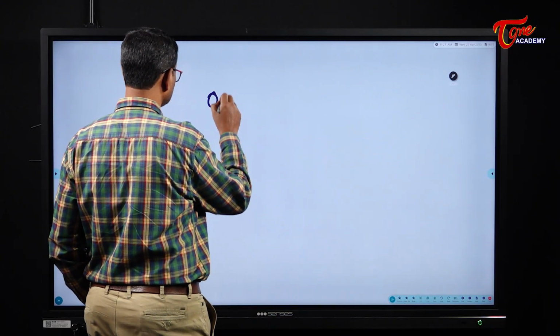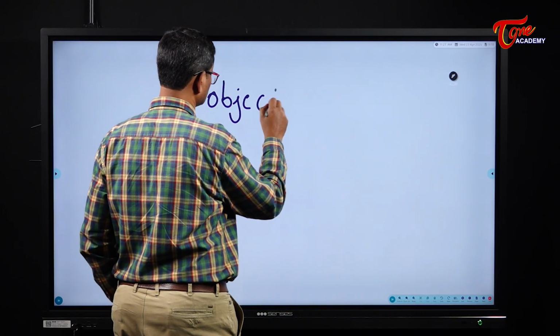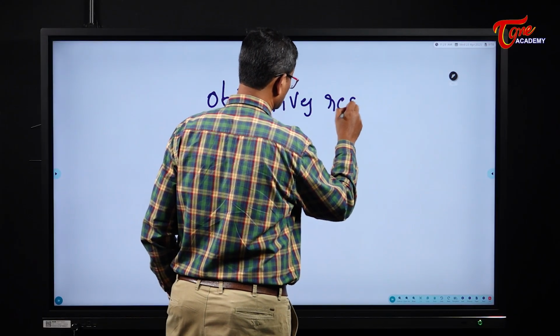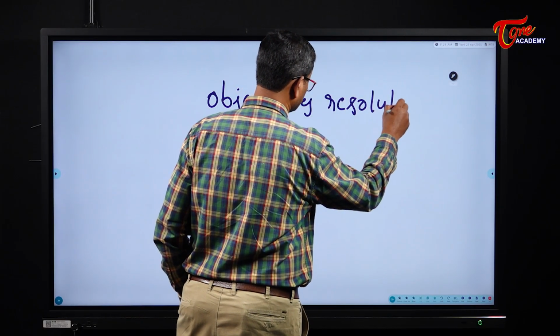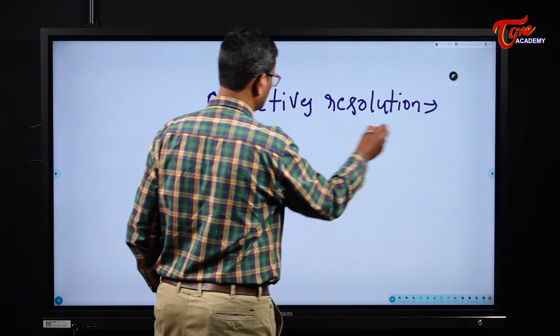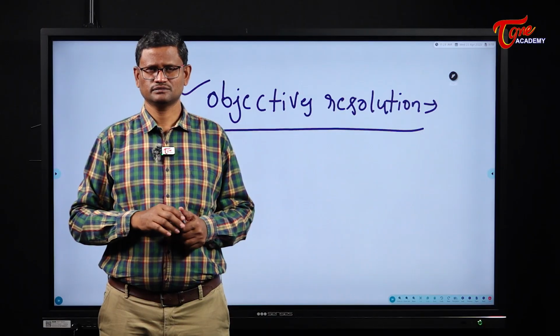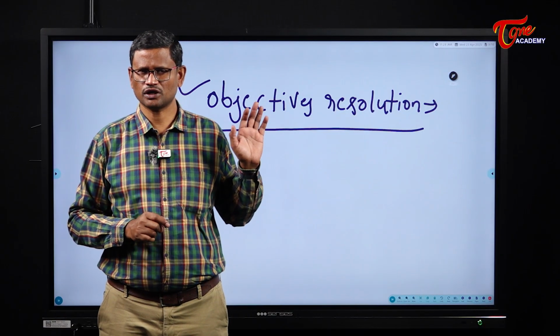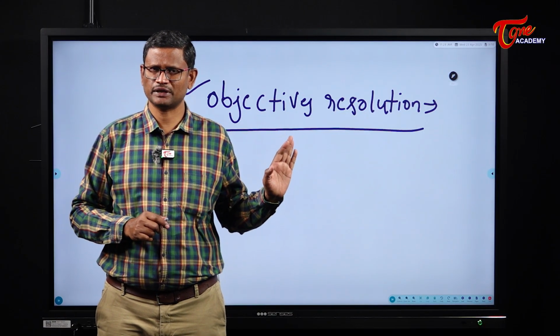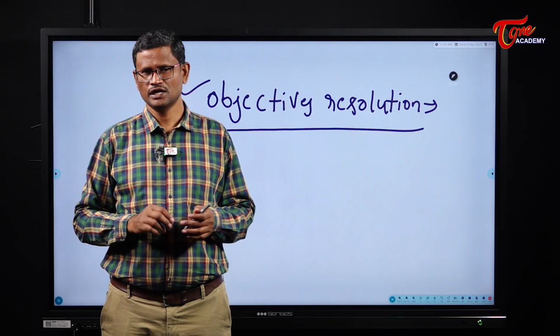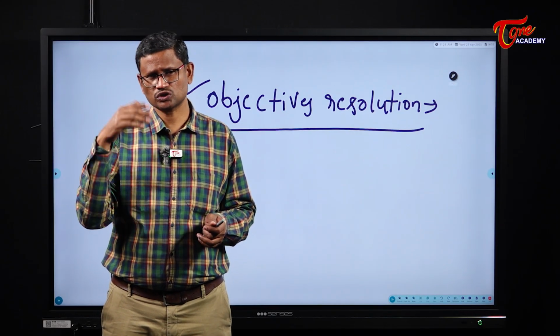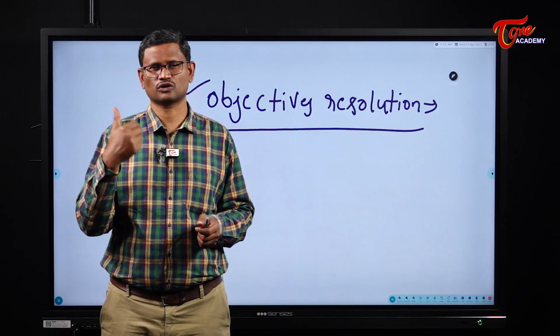So this objectives resolution was introduced in the Constituent Assembly by Jawaharlal Nehru. The Constituent Assembly took up the objectives resolution introduced by Pandit Jawaharlal Nehru. Remember, this objectives resolution in course of time has become the preamble to the Indian Constitution.